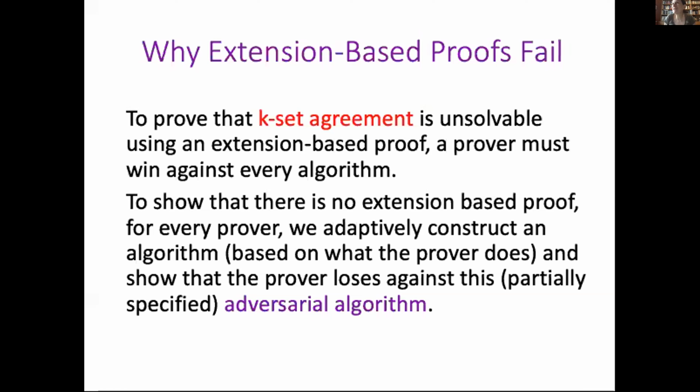I'm saying, if I can base my proof on k-set agreement, so I already know the k-set agreement impossibility result, and now I want to prove something else, can I always do extension-based proofs using k-set agreement as a lemma somewhere?